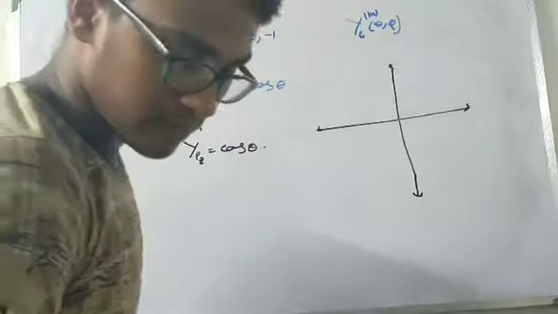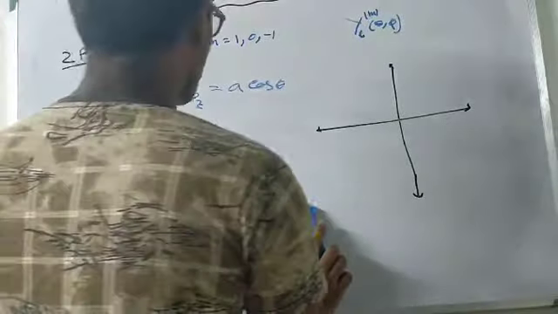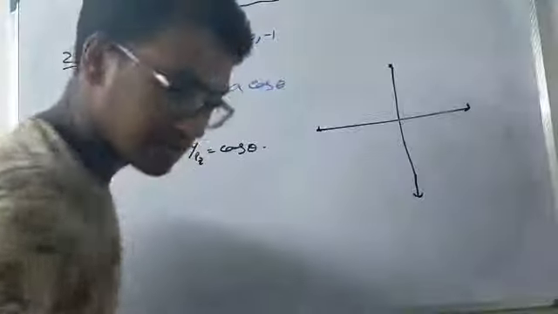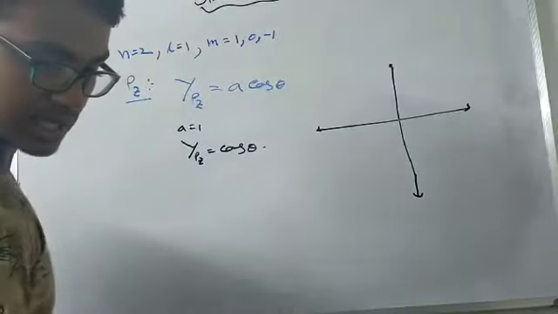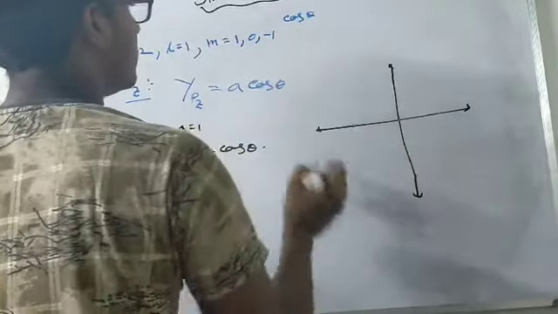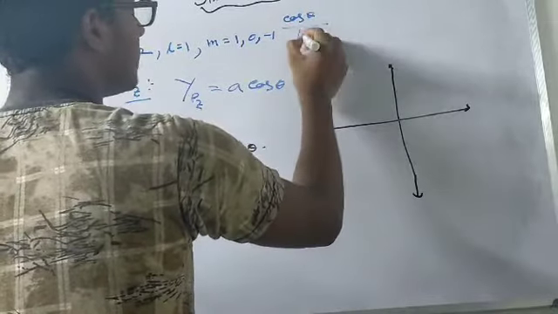How will the graph look? At first I want to make a data table. This is my value of cos theta, and below I am presenting theta.